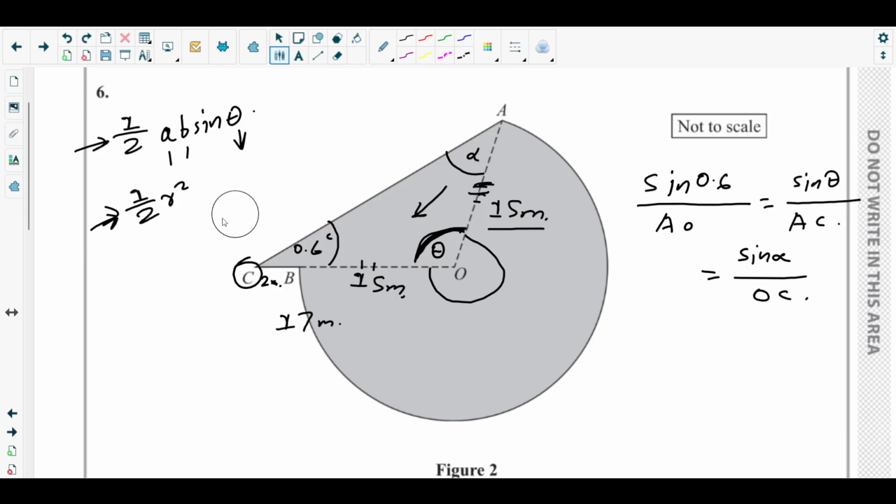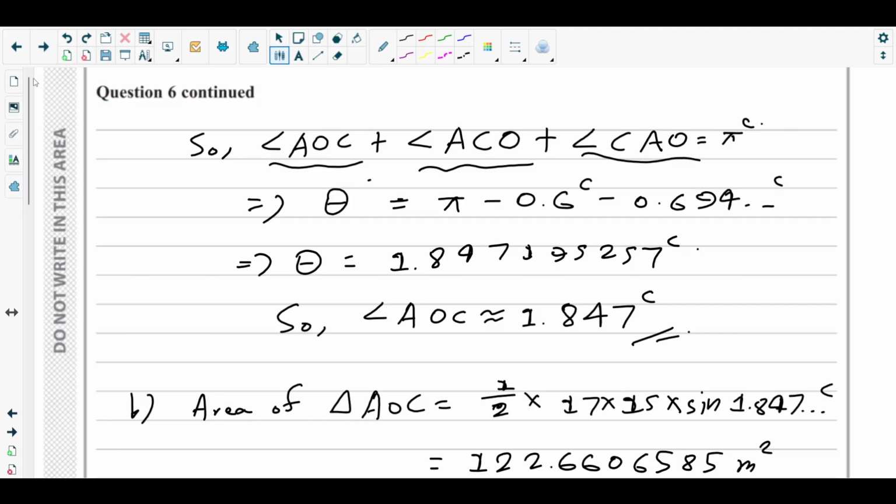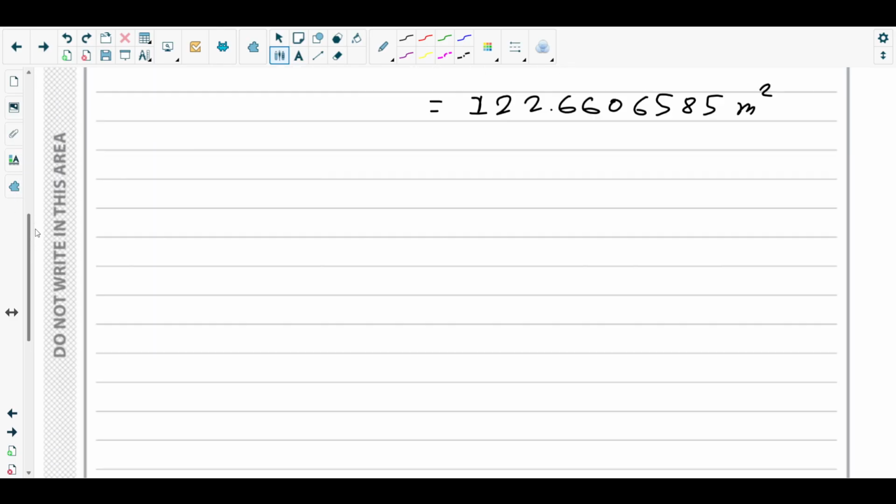Okay, let me change it. Consider this as a different thing. Let's say beta. So half r squared times beta, which is the major angle AOB. The radius is 15. So the area, we can write it easily here.